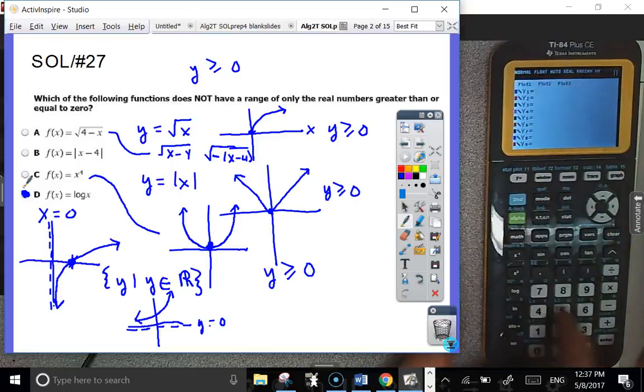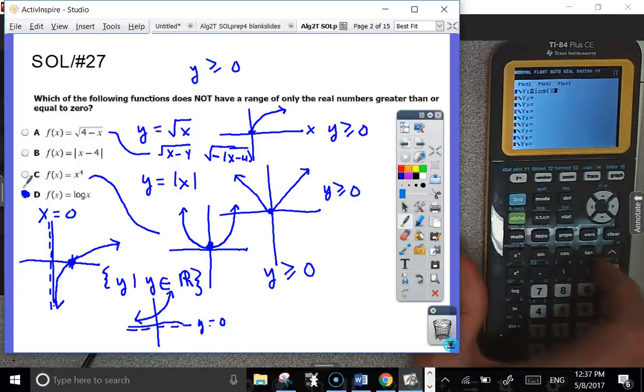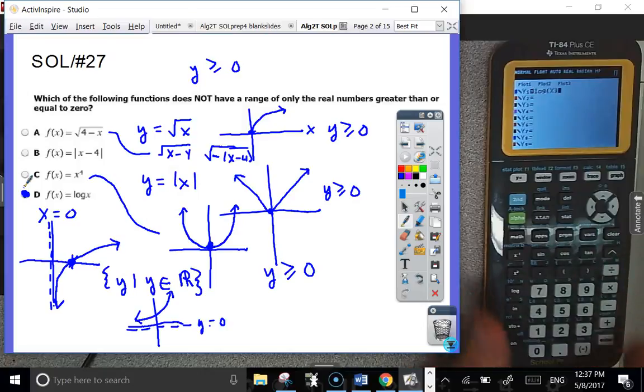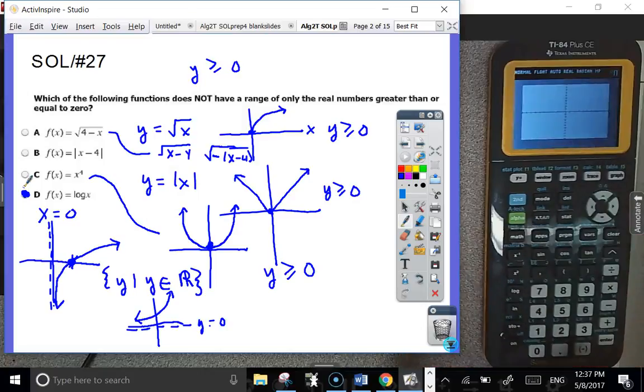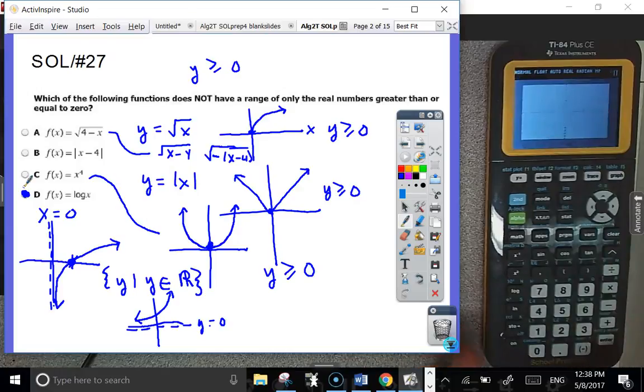If you graph a logarithm, and remember the logarithm is right there, log x, I think you can see it without any kind of shift at all, but notice it looks like it just starts out a little bit less than y equals 0, and it goes up from there. In fact, if I zoom, you see a little bit better, but it looks like it stops at that point. It doesn't really stop.